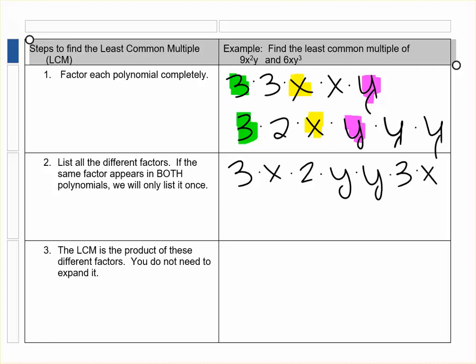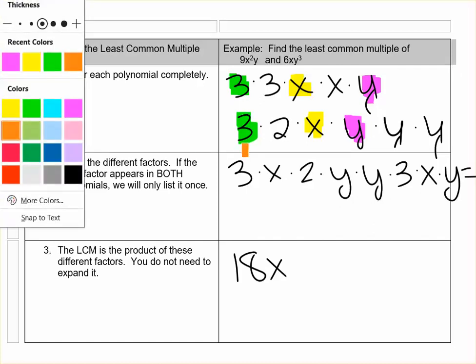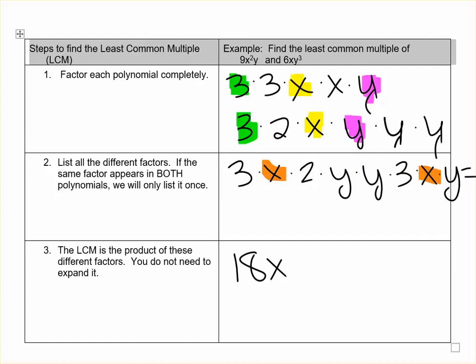I had another x and another y. Let's see what that simplifies down to. Multiplying my numbers, 3 times 2 times 3 is 18. Then I'm going to have x to the second power because I have x written down twice. And then I have y to the third power. So my least common multiple is 18x squared times y to the third power.